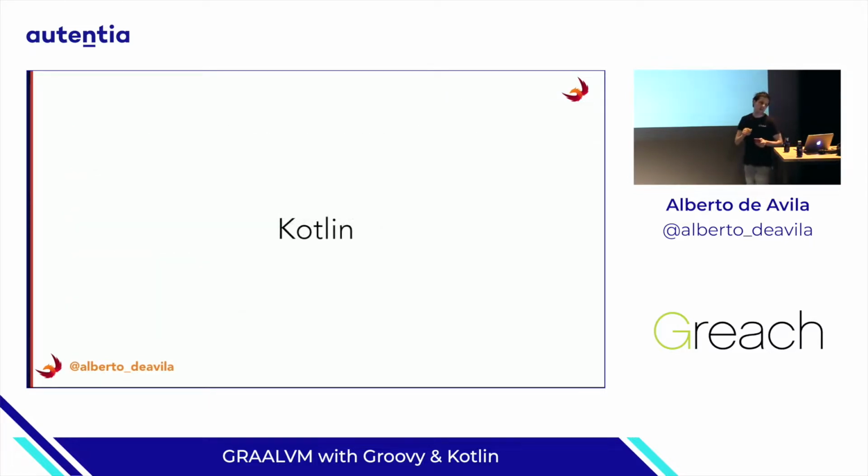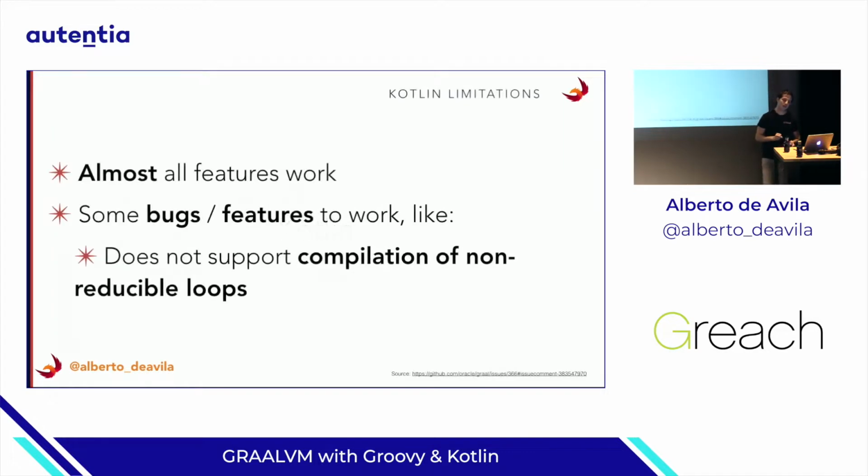Let's see the limitations in Kotlin with GraalVM. Almost all the features work with Kotlin because Kotlin is a static language, and almost all the features can be done with Graal. I have to say that there are some bugs or features that don't work currently.